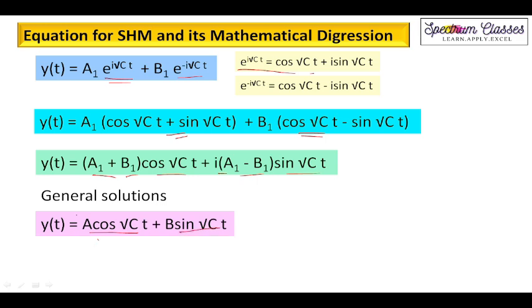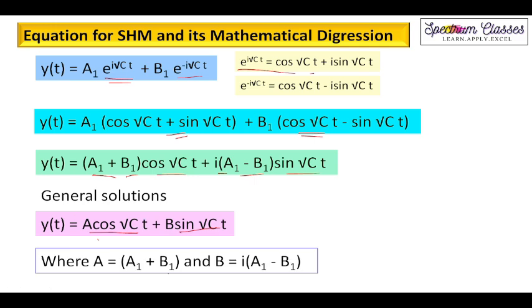So here, what is a? a is our a1 plus b1, and b is our imaginary component, i (a1 minus b1). So this is the mathematical derivation of this general equation.